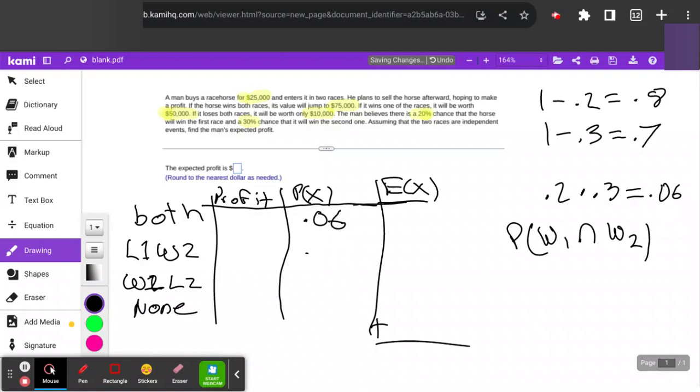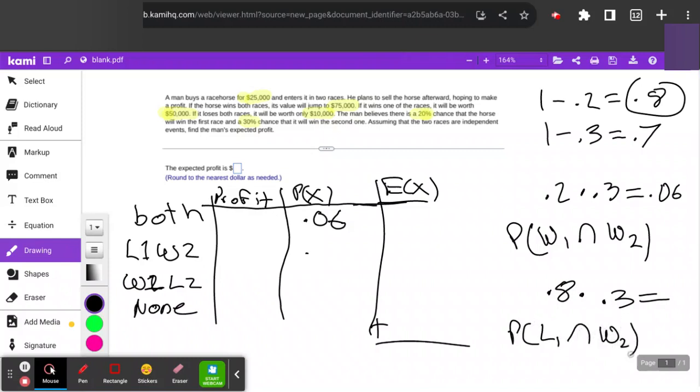Then we have lose the first one and win the second one, which is 0.8. Remember, I'm going to circle that 0.8. 0.8 times 0.3, the notation for this is the probability of L1 and W2.